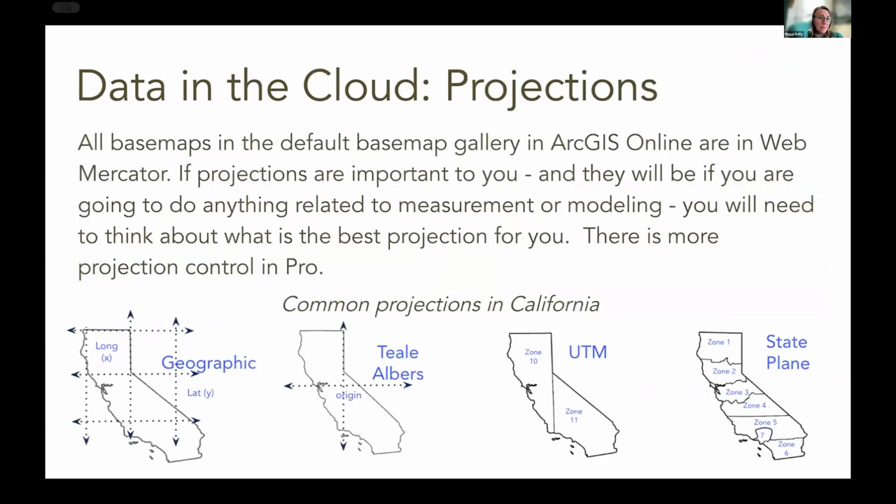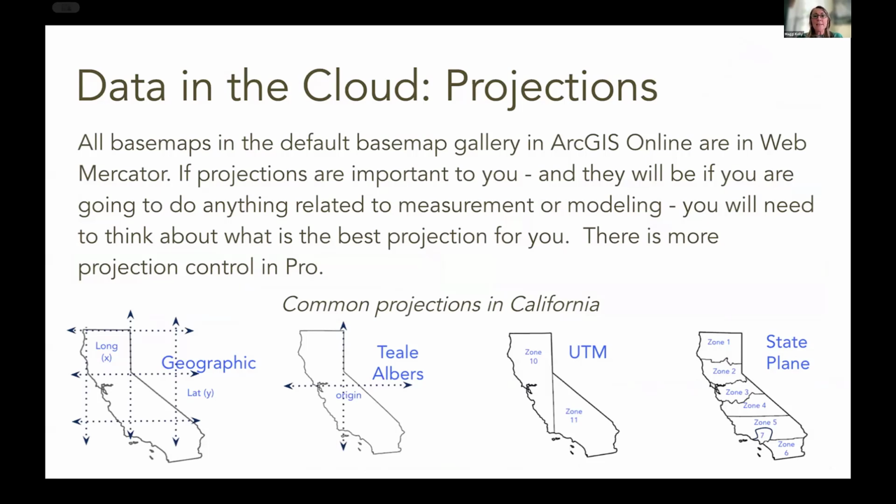Another aspect, really quickly, is projections. And if you're used to working in ArcGIS Pro and you're used to working with projections, it's slightly different when you are in the cloud, because the default native projection for everything in ArcGIS Online is called Web Mercator.